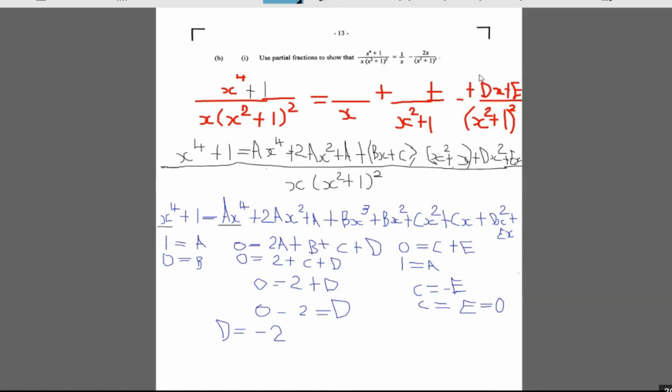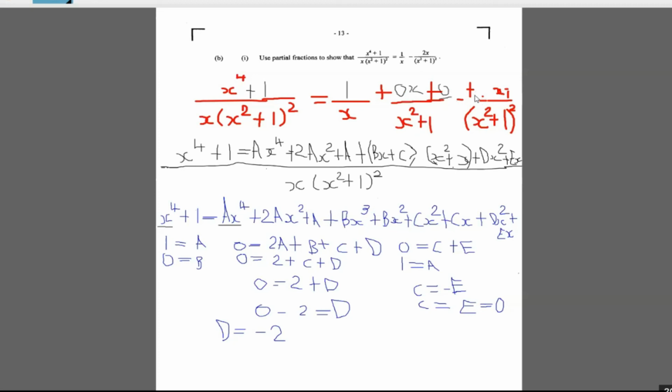D we found is negative 2. And e we found is 0. And everything works out now. We found a to be 1, so we get 1 over x plus 0x plus 0 over something, but 0 over anything is 0.